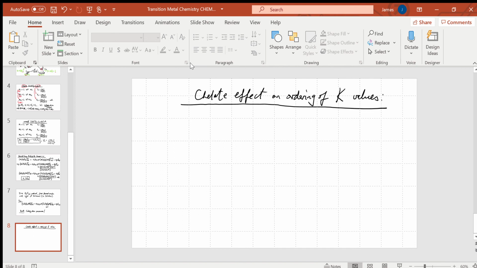Okay, so let's see what would be the best way to introduce this. Essentially, a chelate ligand is a type of ligand that can occupy more than one spot around the metal. You can have bidentate ligands, which occupy two spaces. You can have tridentate that occupy three spaces.